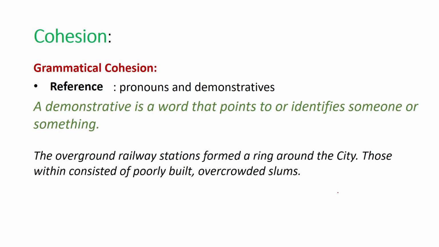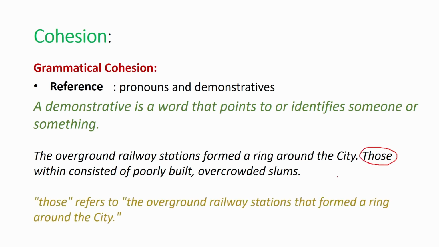Look at this example. The overground railway stations formed a ring around the city. Those within consisted of poorly built, overcrowded slums. So those here refers to the overground railway stations that formed a ring around the city, right? So this simple word refers back to the whole sentence before it.